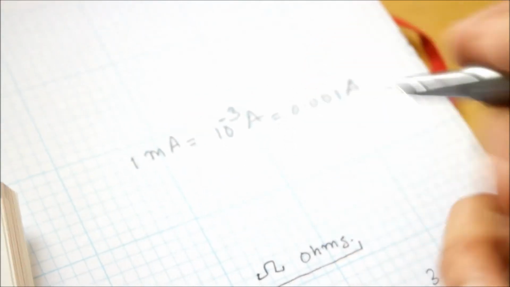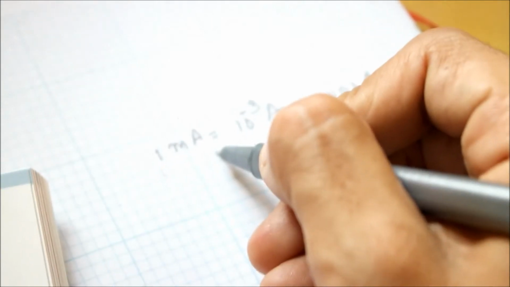So our current range in the basic circuits we'll be making in future will always be in the milliamps range. That's how you measure current, voltage, and resistance with a multimeter. Just go and grab a multimeter if you don't have one yet.